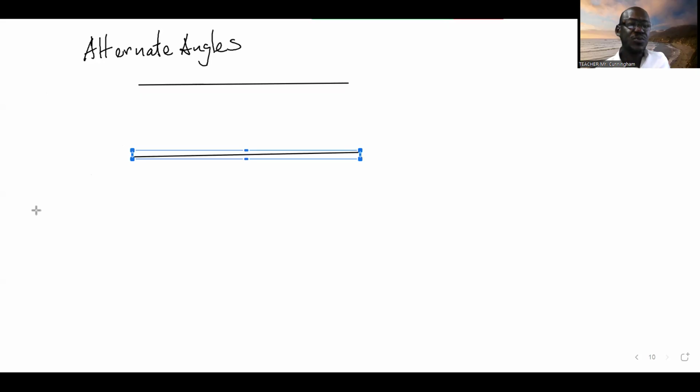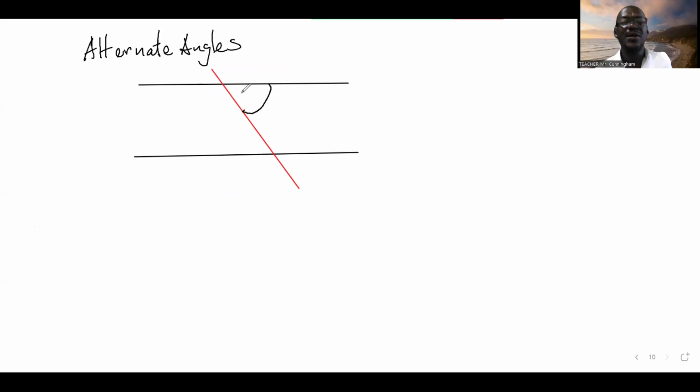And of course, we need our line that cuts the pair of parallel lines. Now, the best way to explain this one is in the shape of a Z. Look for the Z. That's all I'm telling you.